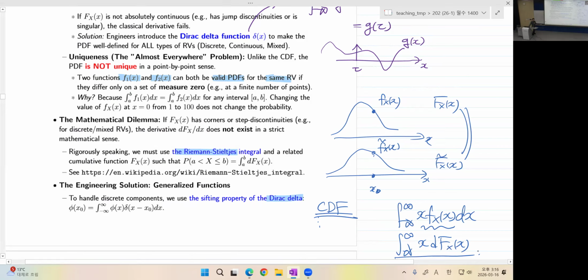Some of you know that, right? This is the general Riemann or Lebesgue integral, but this is the Riemann-Stieltjes or Lebesgue-Stieltjes integral. I really hated that one when I first saw it. So you will see this expression again and again. I'm not going to seriously ask you to do some Stieltjes integration, but you have to know it. Got it? As an engineer, this is kind of common sense.